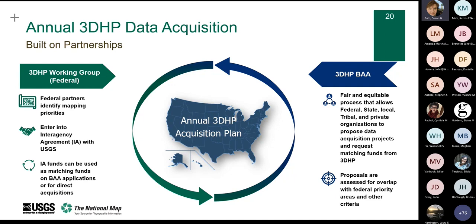And when we partner with our sister and brother federal agencies, we can do that sort of at will by entering into an interagency agreement with our federal partners, and then working to do data acquisitions through largely our USGS Geospatial Products and Services Contracts, or GPSC.